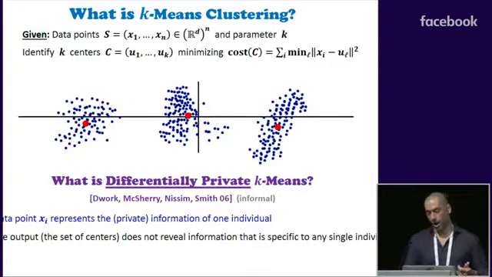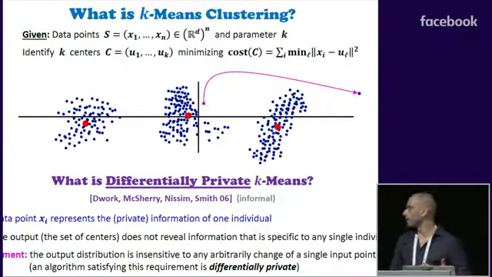Under differential privacy, we say that privacy is preserved if our algorithm is such that for any arbitrary change of one data point, the outcome distribution of centers that it outputs remains roughly the same. So that's differential privacy applied to the context of k-means.